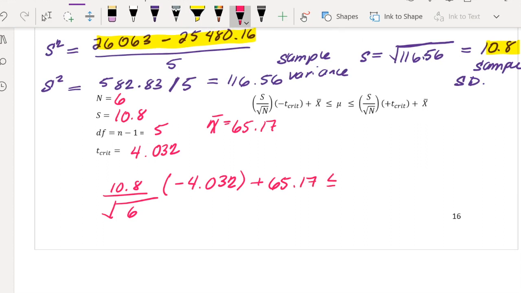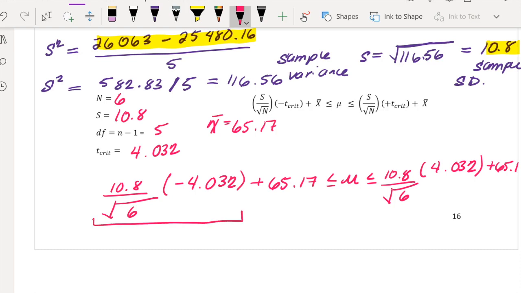And on the other side, 10.8 over square root of 6 multiplied by positive 4.032 plus 65.17. Okay, let's do the margin of error first.